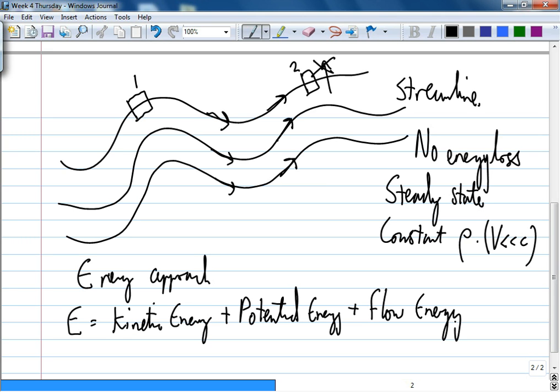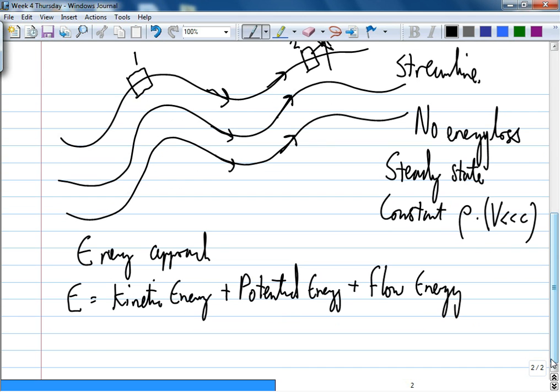I'm sure kinetic energy and potential energy you know already, isn't it? Flow energy comes from, so for a blob of fluid of mass m, kinetic energy is half mv squared.